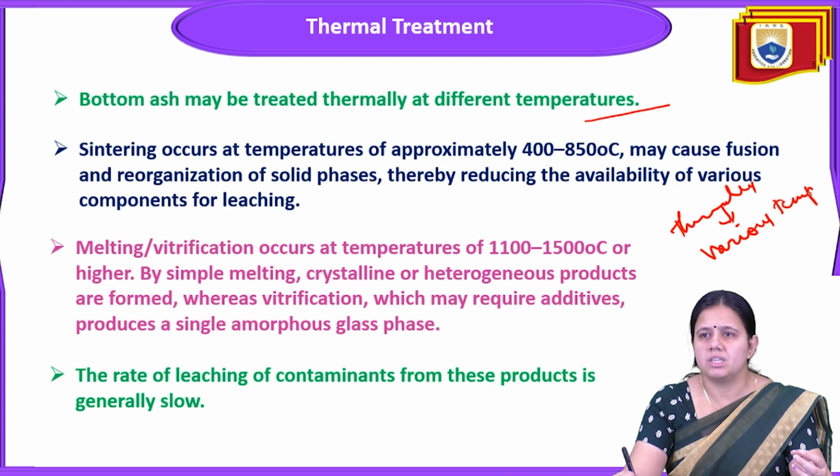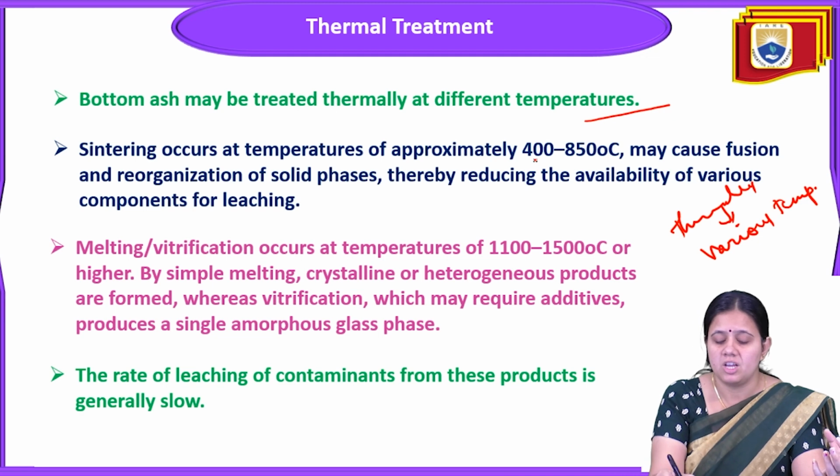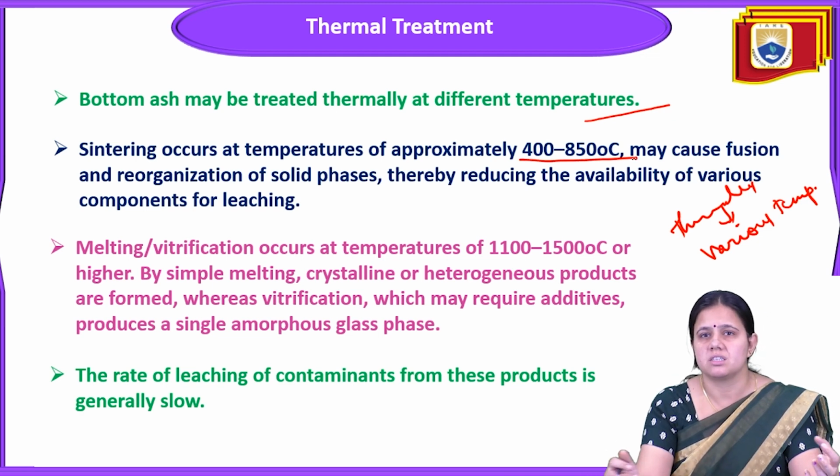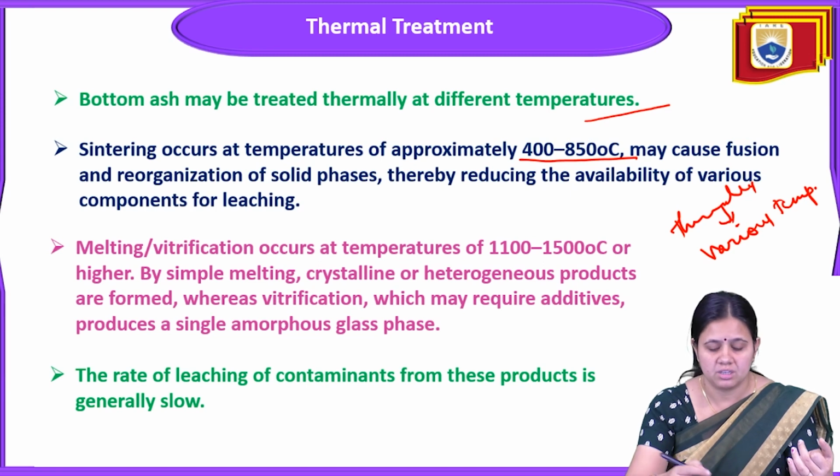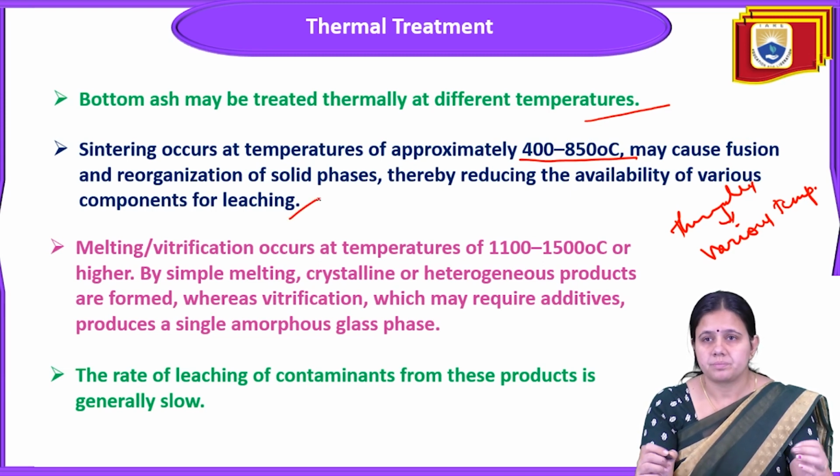Bottom ash sintering occurs at a temperature of approximately 400 to 850 degrees Celsius, and due to that, fusion and reorganization of solid phases occur, thus reducing the availability of various components for leaching.